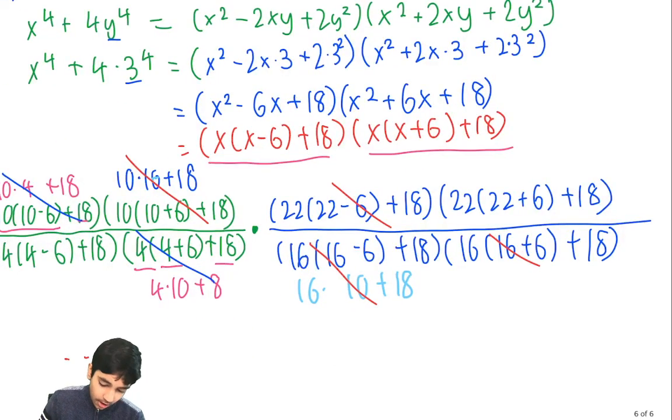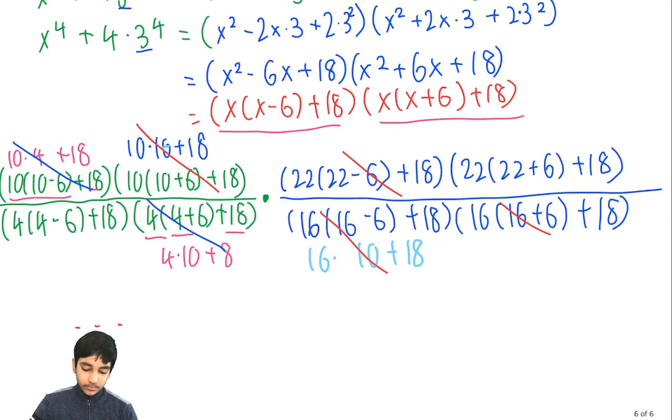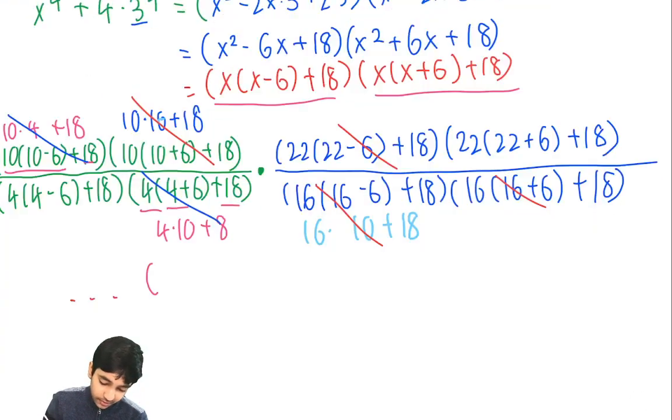Dot, dot, dot, all the way until the last term. Let me write out the last term. I'm just breaking it down into 10 to the 4 plus 324 divided by 4 to the 4 plus 324, 22 to the 4 plus 324 by 16 to the 4 plus 324. And the last term is 58 to the 4 plus 324, or 52 to the 4 plus 324. So the last term can be written as we plug in 58 and plug in 52.